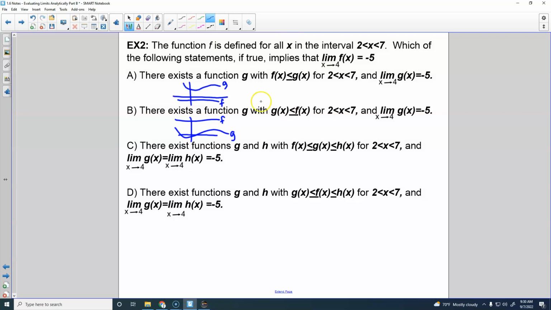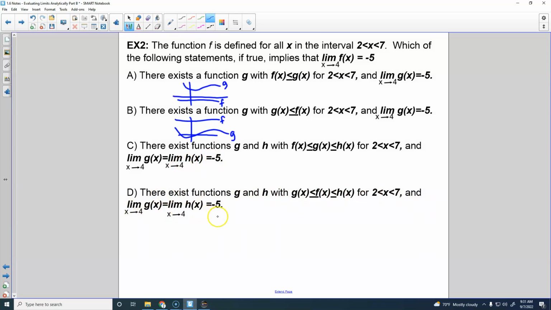Notice also, it's helpful to look at your answer choices and see they're very similar. We just need to see what's different about them. So there exist functions g and h. That's the same on both of these. This is different: f less than g of x less than h. And it tells us the limit as x approaches 4 equals negative 5.